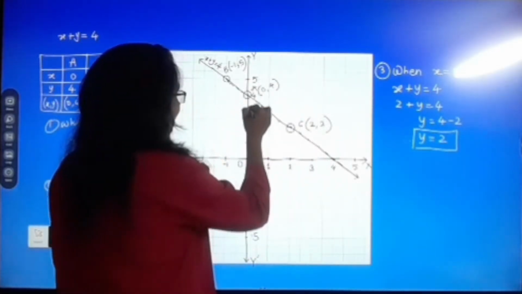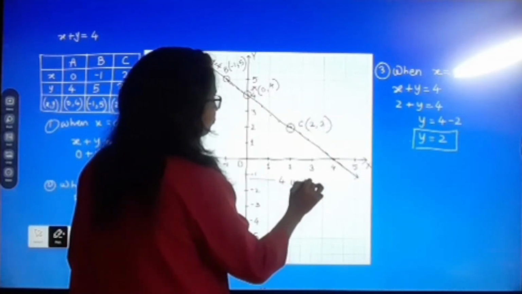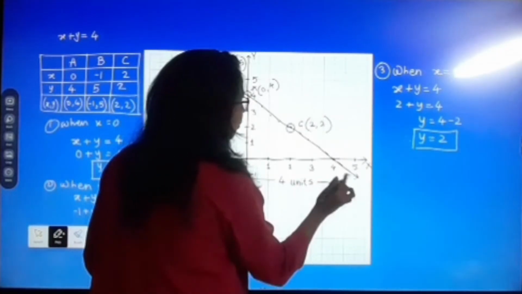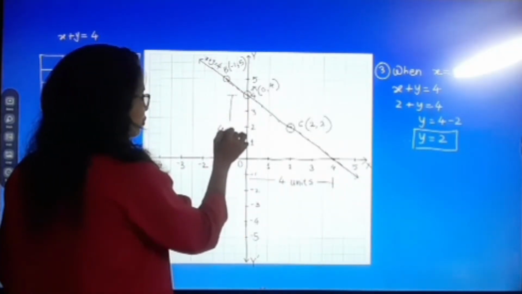Then now here students, see here that here is the 4, and here is also 4. This is the 4 units up to this. And here students, this is the 4 units also.